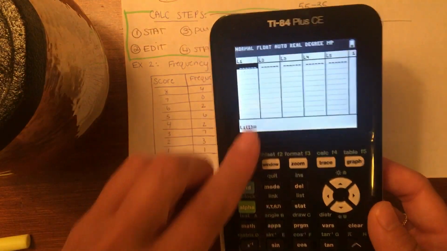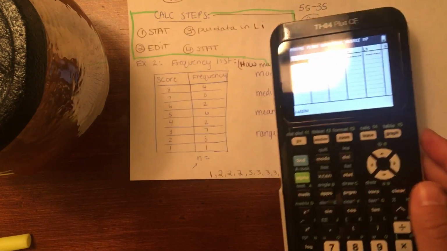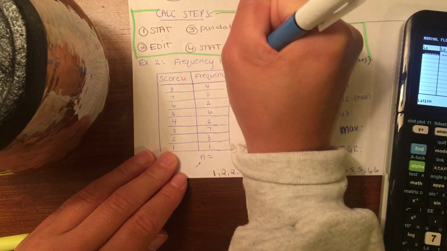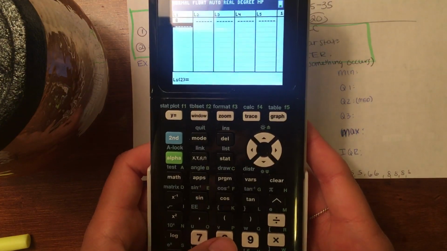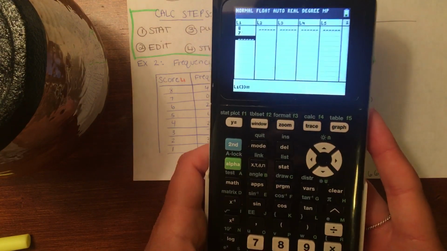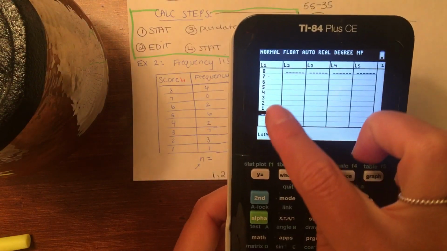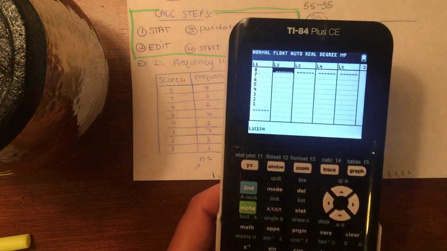In your list 1, you're going to be putting your scores. So this column is going to be your L1, and this is going to be your L2, your frequency list. So the scores were 8, 7, 6, 5, 4, 3, 2, 1. Make sure I plug those in right. Yep. And my frequencies now, you have to make sure these match up.